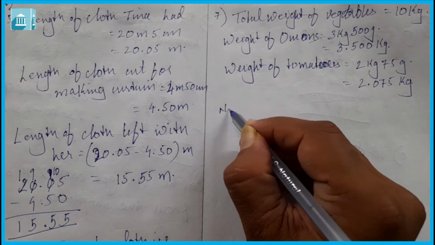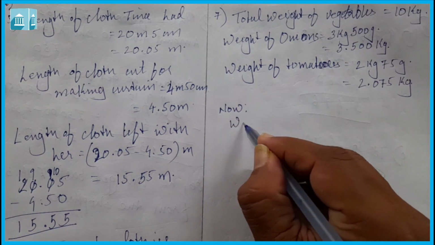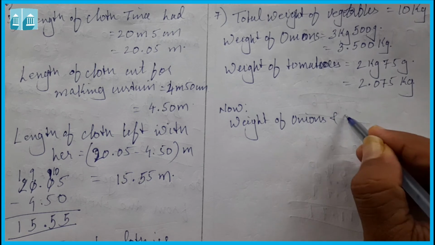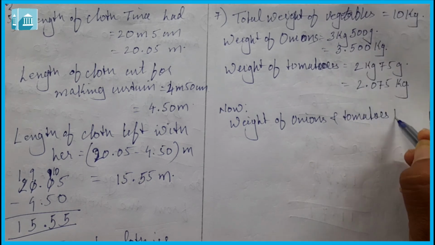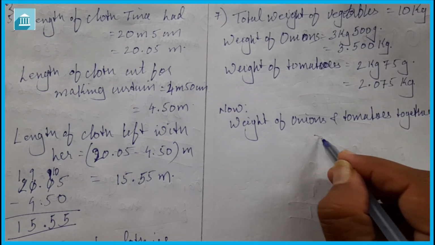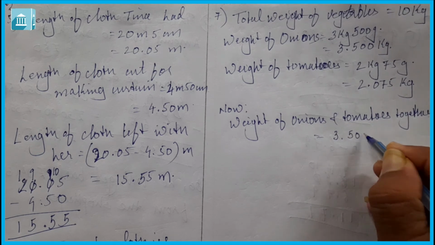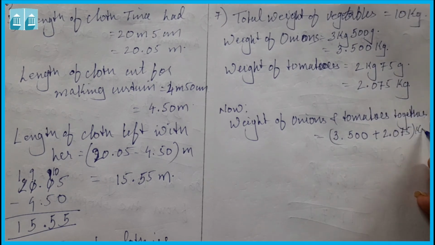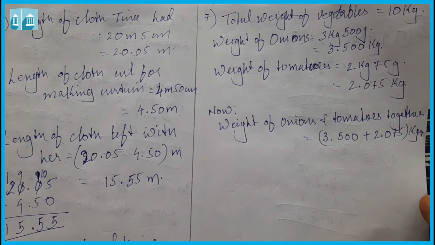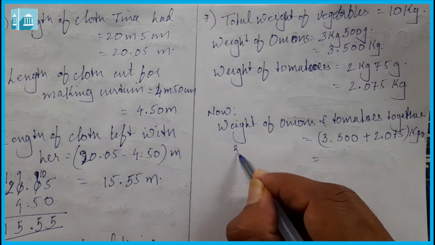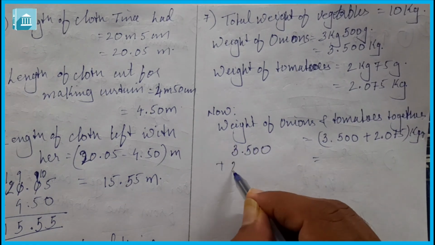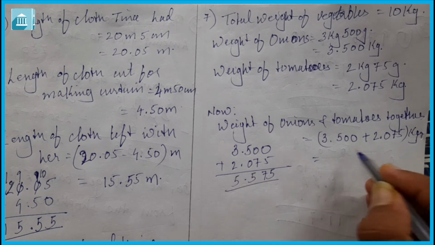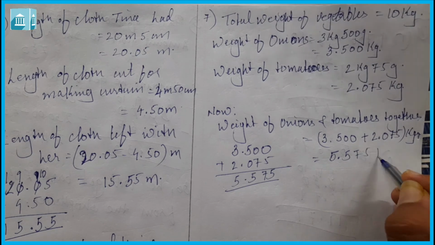Now the weight of onion and tomato together is equal to 3.500 plus 2.075 kg, which is equal to, here we can add it, 3.500 plus 2.075, 5.575 kg.